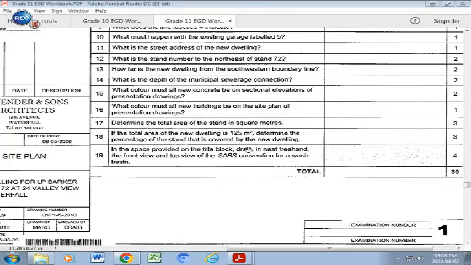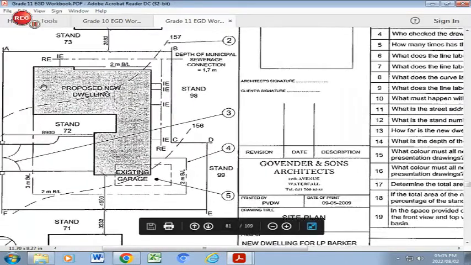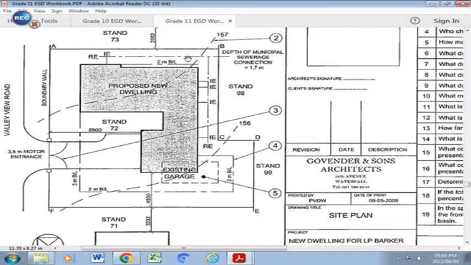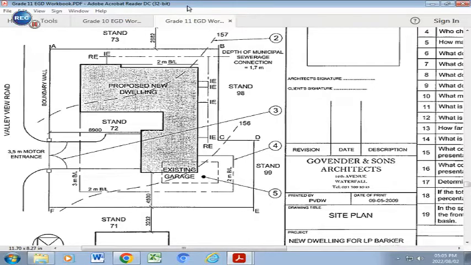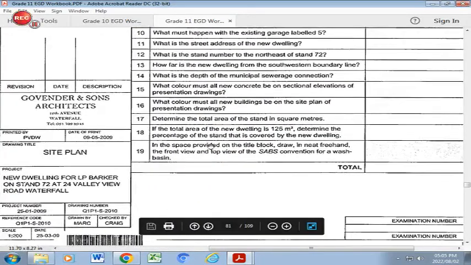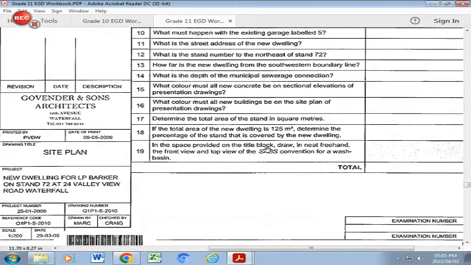What you need to do here is take the 125 meters square, which is the coverage of this new dwelling here, and divide that 125 by the entire area which you have just calculated, 349.15. Because you need a percentage, you will need to times that answer by 100. That will give you an amount of 35%, which will be the coverage.